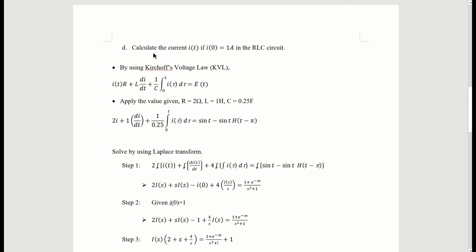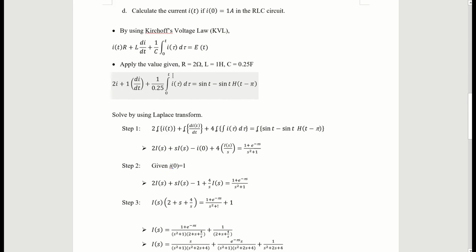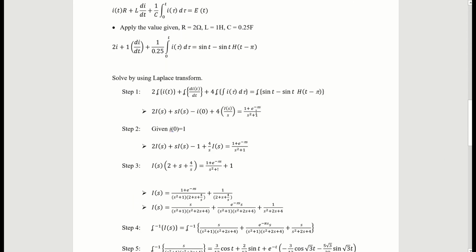Next, for question 4d, it asks to calculate the current I(t) if I0 equals to 1 ampere. We got this equation earlier in question 4c, and then we can solve this equation using Laplace transform, and then we get this equation.